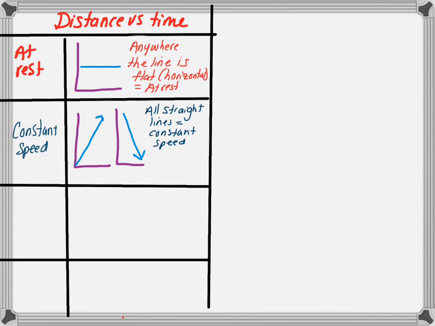Now, one thing about it is this speed right here is telling you how fast it's going. So if it's going up steeply like this one is, then that's showing you that it's pretty fast. But if it's going more like that, then that's showing that it's going even slower. You might be actually walking right here with this one. If it's not that steep, then that shows it's going really, really slow.